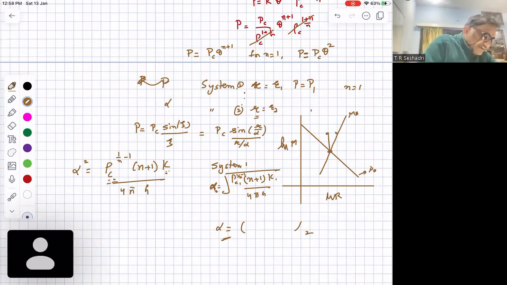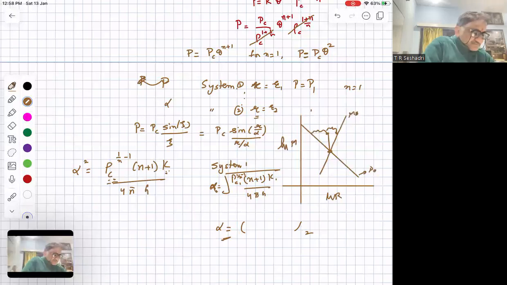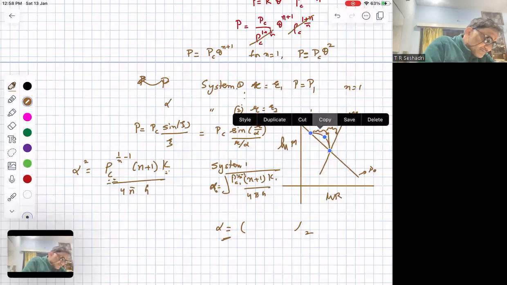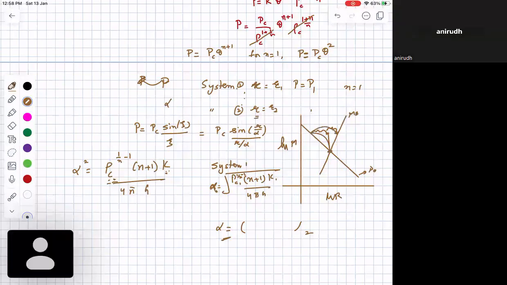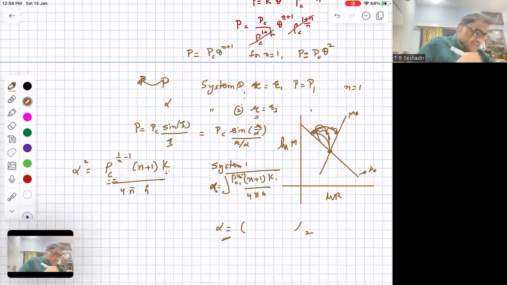But the time taken for it to move from here to here is much, much larger than for it to move from here to here. So it will first go here, and gradually later move to the equilibrium. It is in this time, when it is in this state, that the Lane-Emden equation is very valuable.